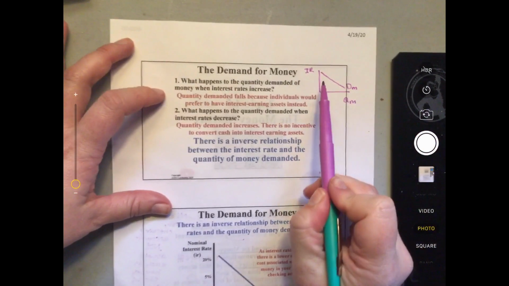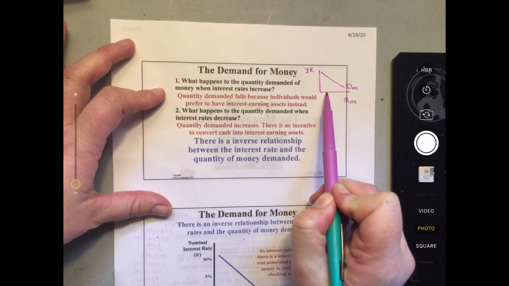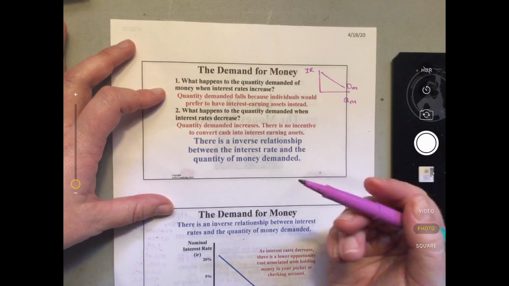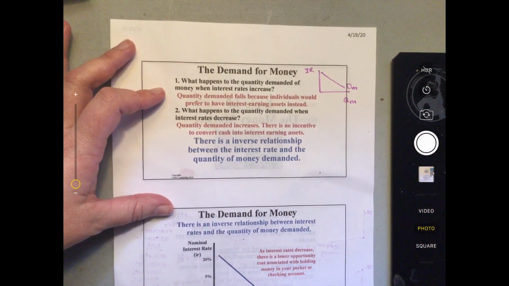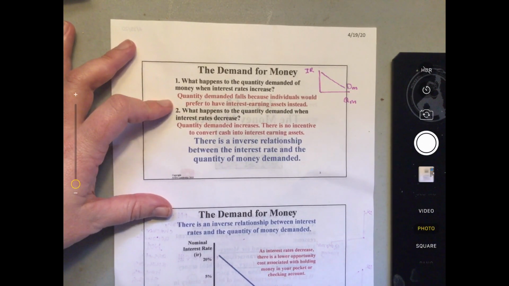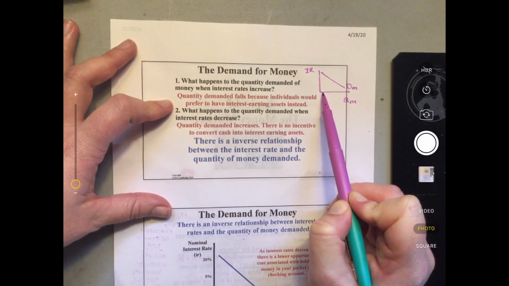When the interest rate is high, the quantity demanded for money is low. That's because people are not going to want to hold their money as cash or in a checking account, because they're preferring to have it in interest earning assets. So again, when the interest rate is high, the quantity demanded for money is low.